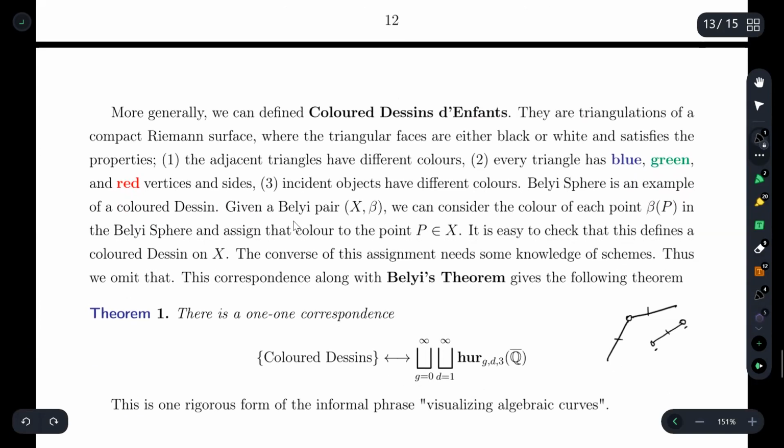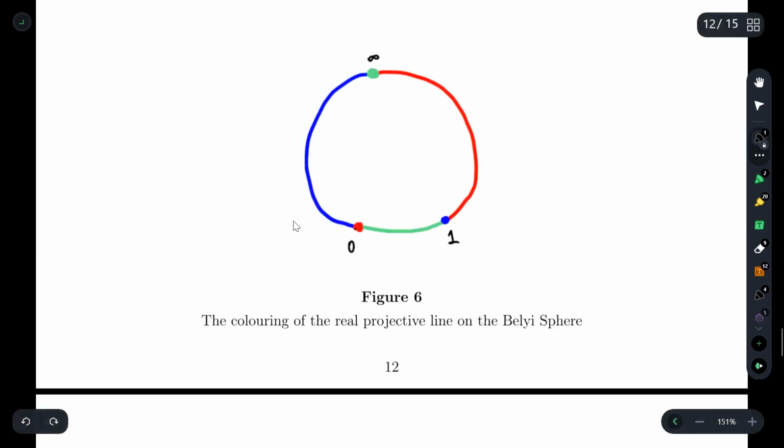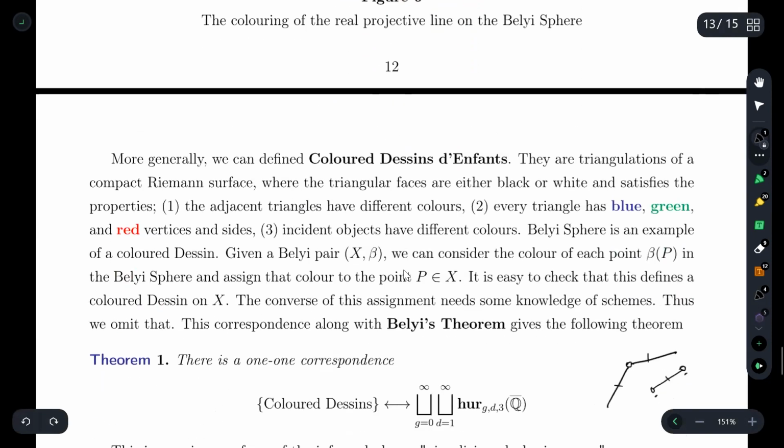So I'm just mentioning one direction of this correspondence. If we are given a Belyi pair, that is a Riemann surface X and a Belyi map beta from X to P1(C), then we have already colored the Riemann sphere, and we can consider the color of the point beta(P) inside P1(C), right?